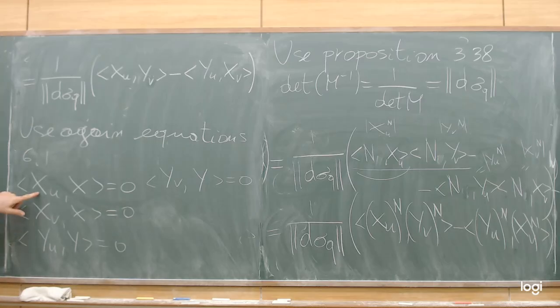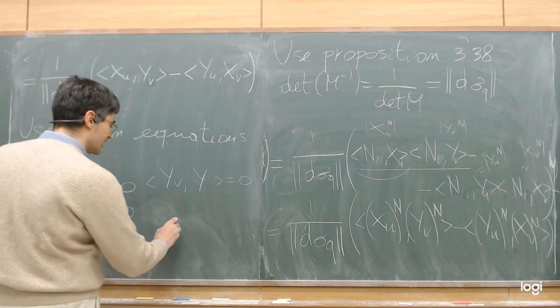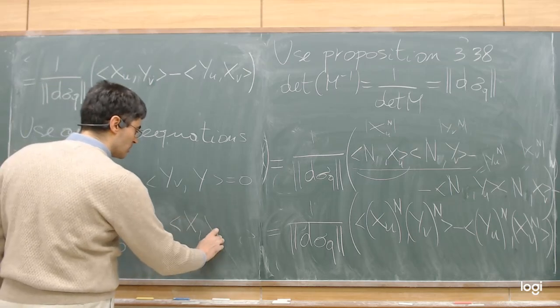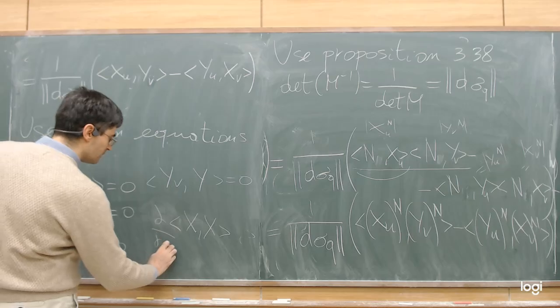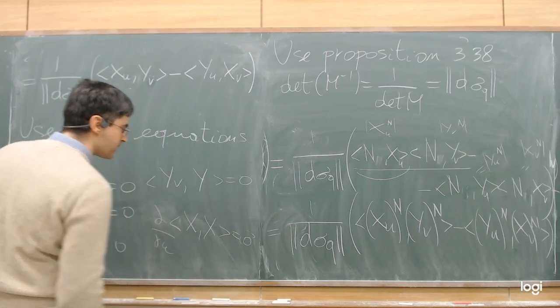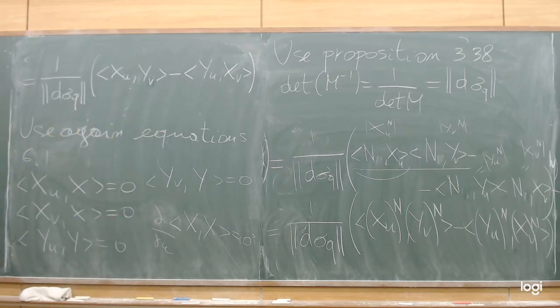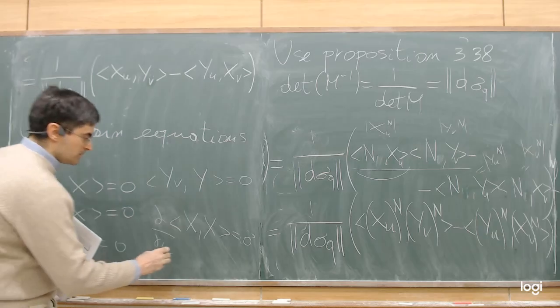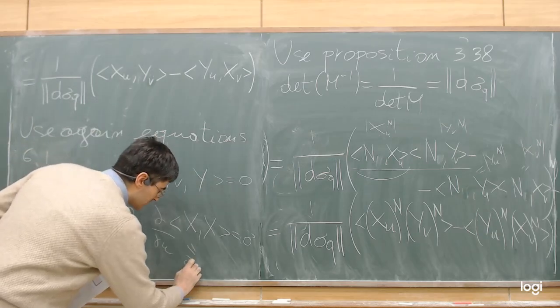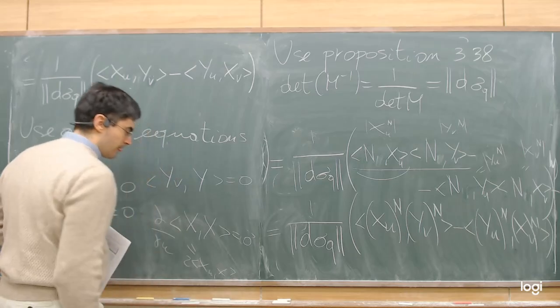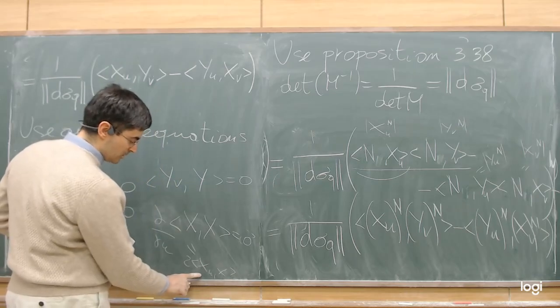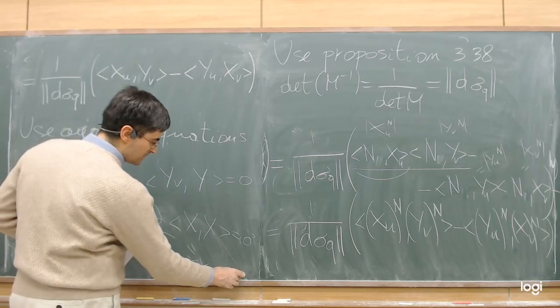So how to prove these formulas? The technique is the same. You start from the fact that this is a constant, so this derivative here will be 0. And this is also twice x_u x, and consequently the inner product of x_u and x is 0.